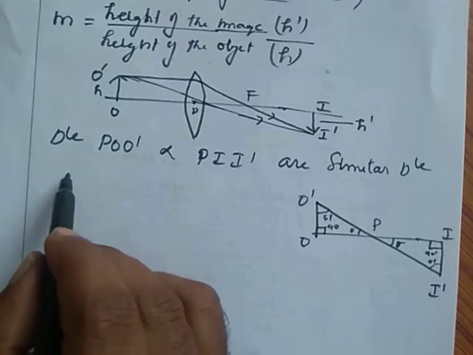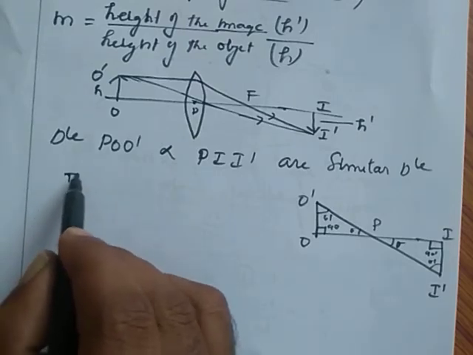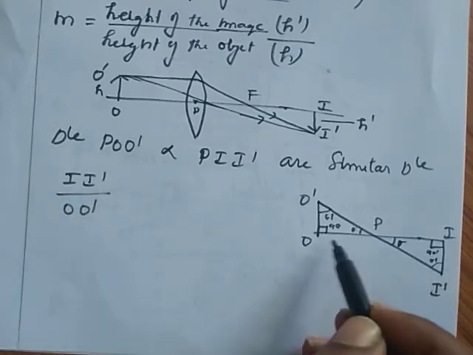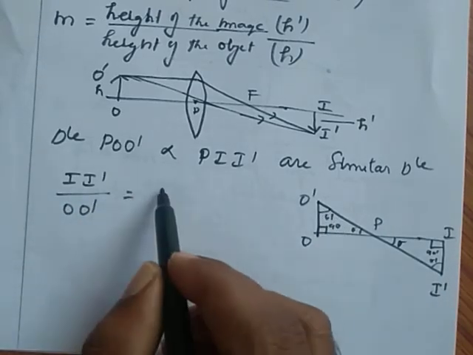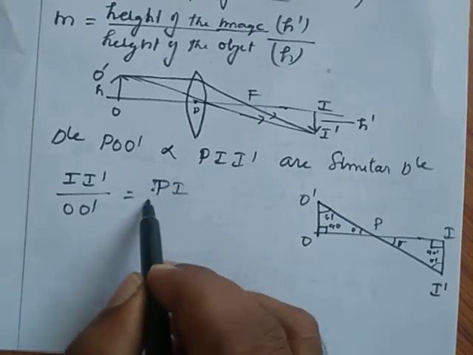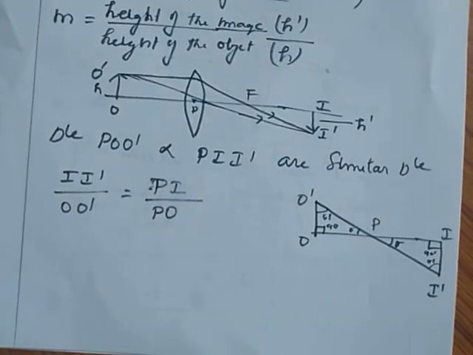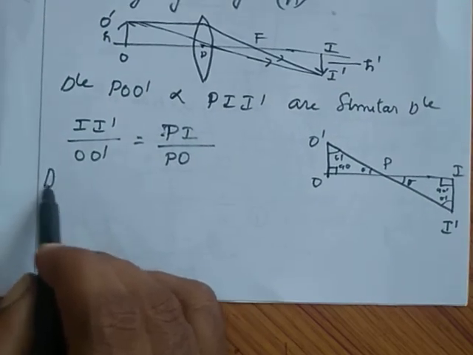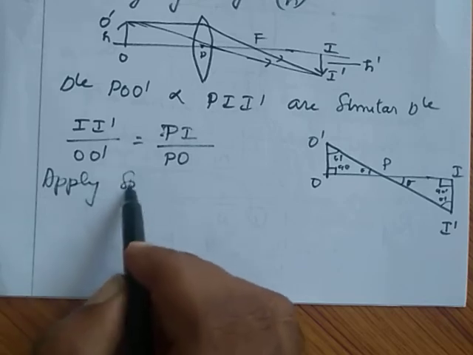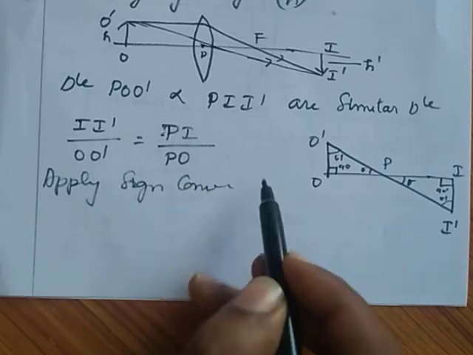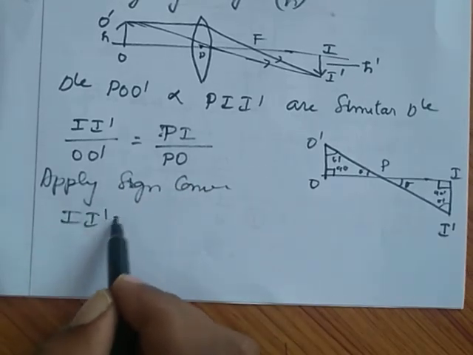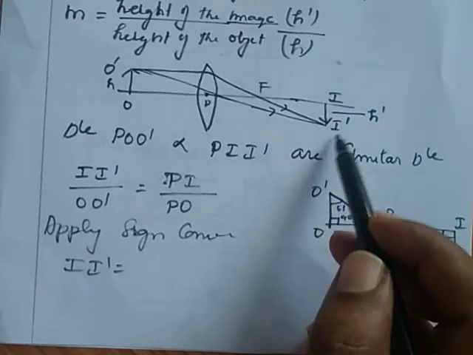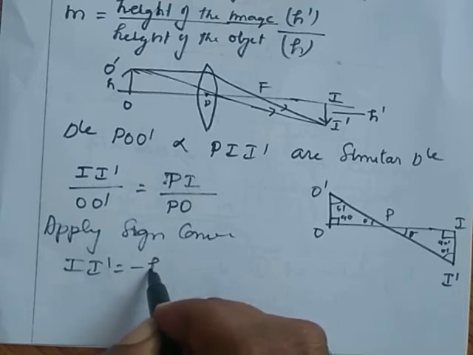I consider that I dash by O dash is equal to PI by PO. Next I am applying the sign convention. We know I dash is on the negative y axis, so we can write that as minus h dash.